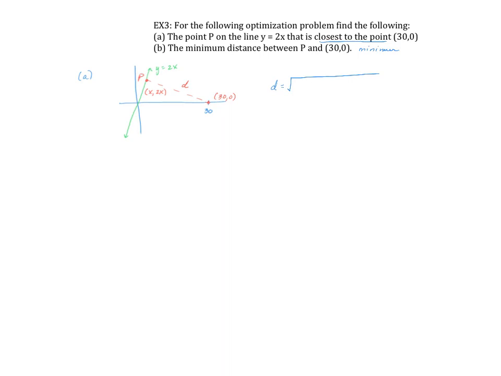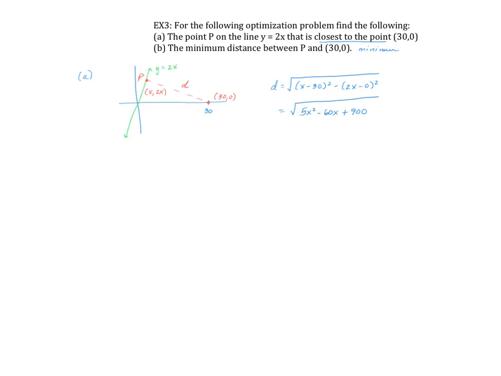So the distance formula, if you recall: subtract the x's, square them, plus subtract the y's and square them. (x minus 30) squared plus (2x minus 0) squared. So if I get rid of the parentheses, multiply everything out, combine like terms, I'm going to get the square root of 5x squared minus 60x plus 900. So I skipped a few steps there.